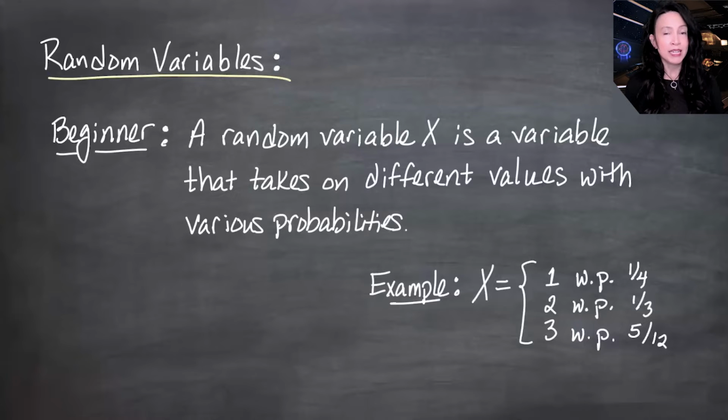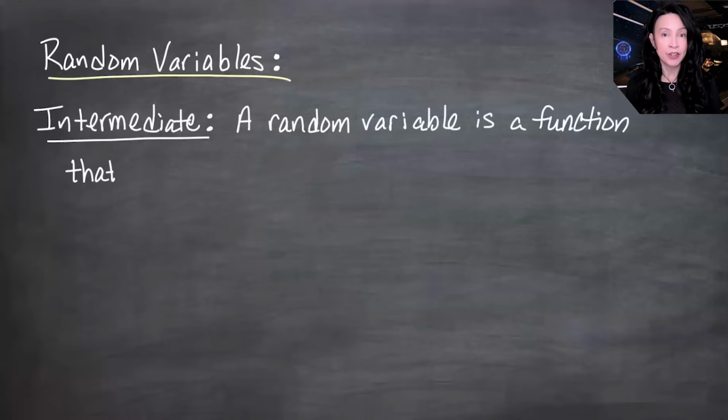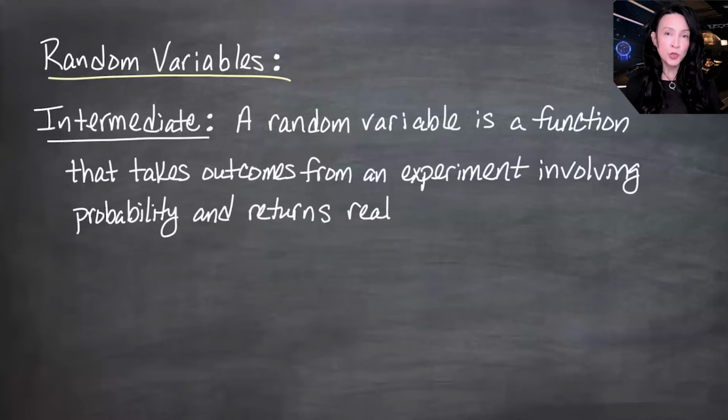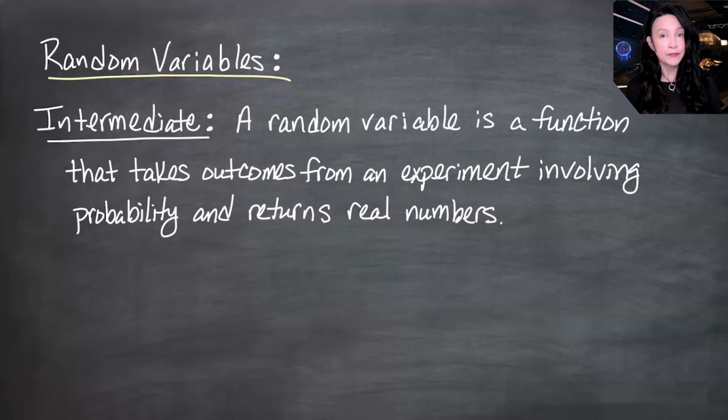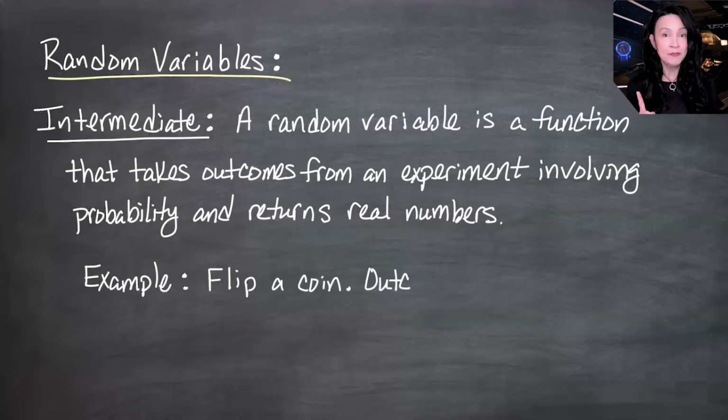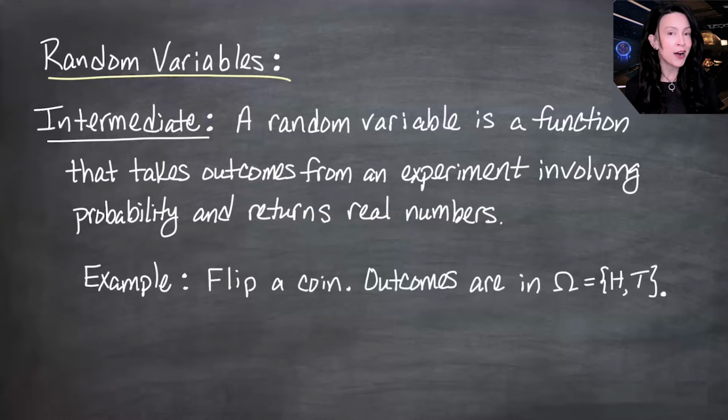Now, there's maybe an intermediate definition for a random variable that you might have seen, where you start thinking of it as a function, taking outcomes from an experiment involving probability and assigning numbers. For example, suppose that we flip a coin one time. We've got a sample space that you might call omega.